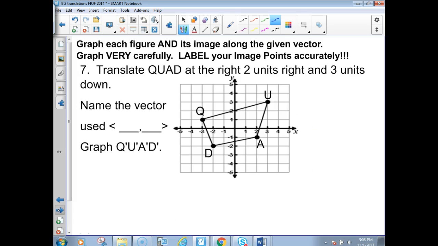Now it says, well, they got this graph for us already. And then it says translate the quadrilateral 2 units right and 3 units down. To the right and down 3. And then I'll just label them with prime notation.